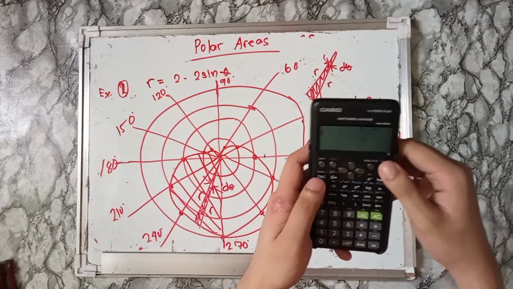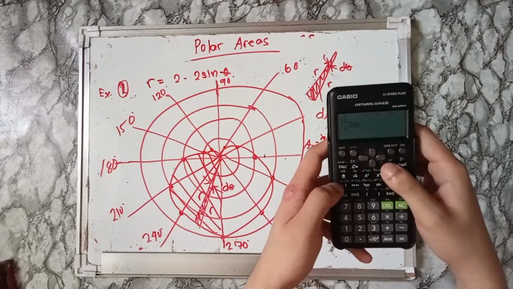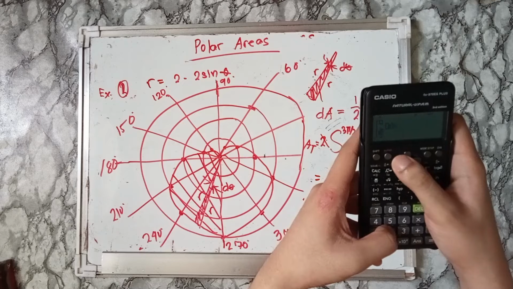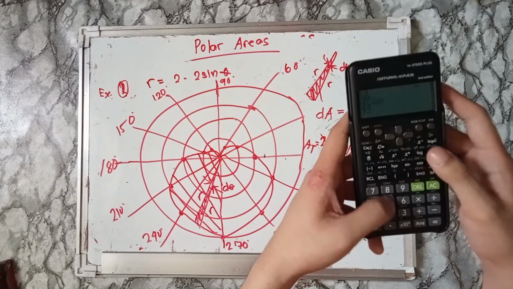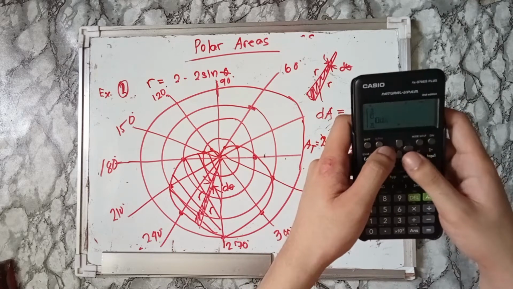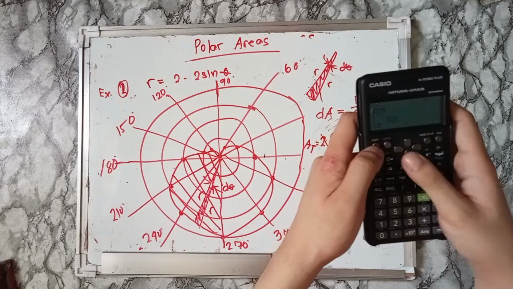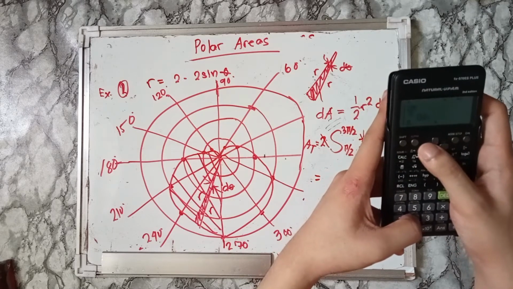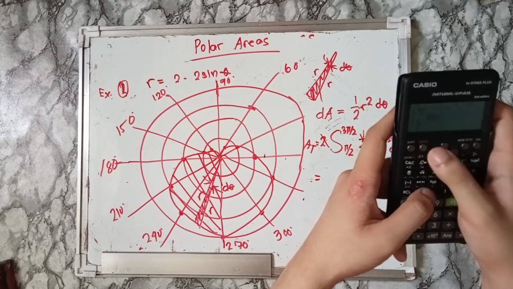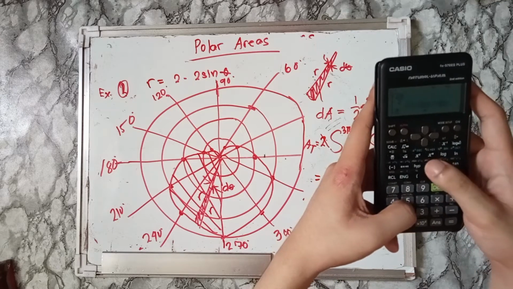So this is just the integral with limits, let's say pi over 2, and our upper limit is 3 pi over 2, and then we have 2 minus 2 sine.